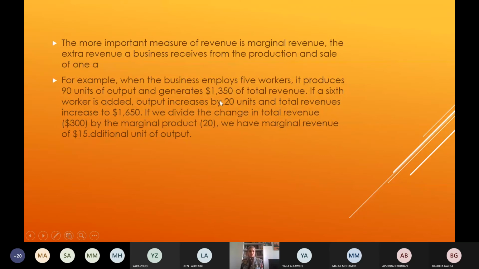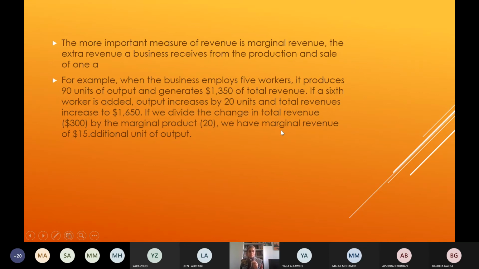It will be 90 plus 20, 110 cups of lemonade, and I gain 1,650. So the change in total revenue, the change I gained, is 300. The marginal product is 20, and I gained 300 for 20 cups of lemonade.